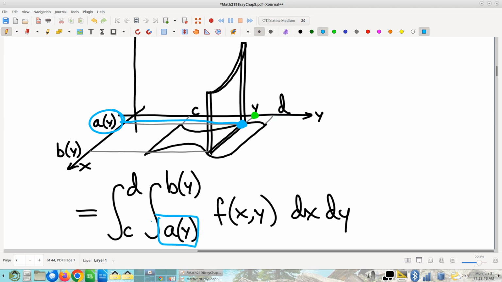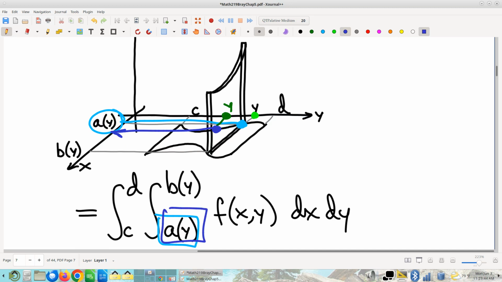But if I looked at a value of y over here, that's a different value of y. Then my lower bound for x is going to come from that point, which gives me a different value of x.